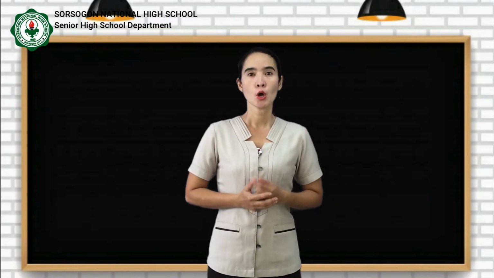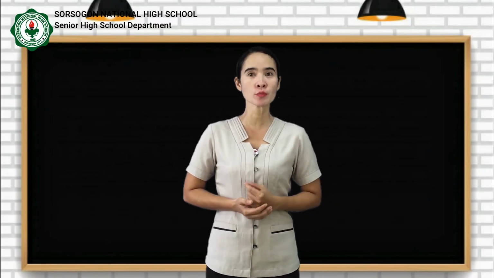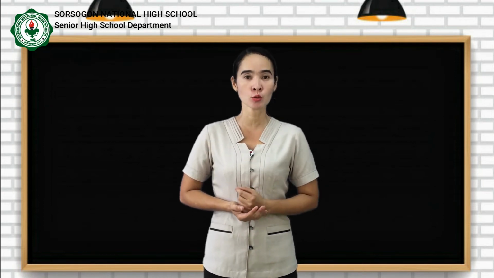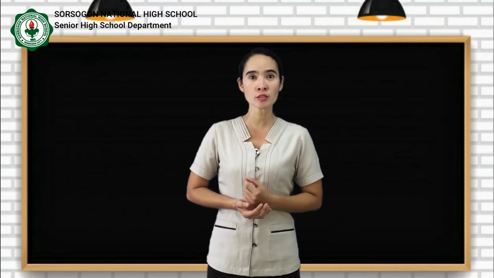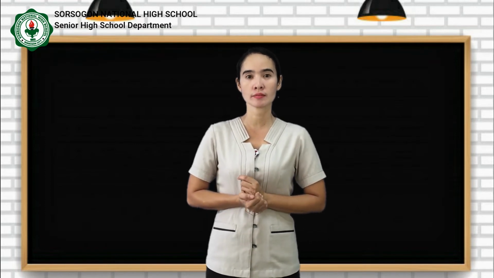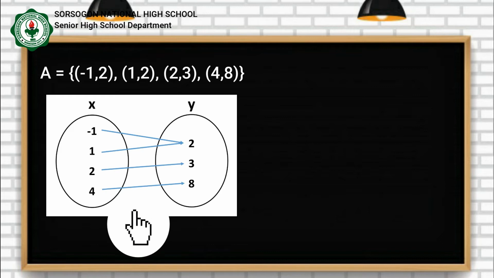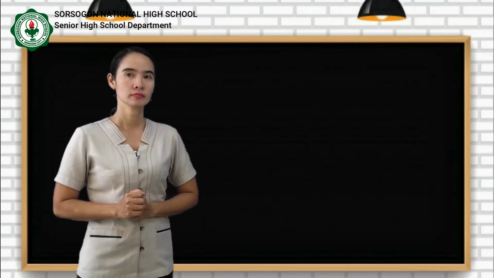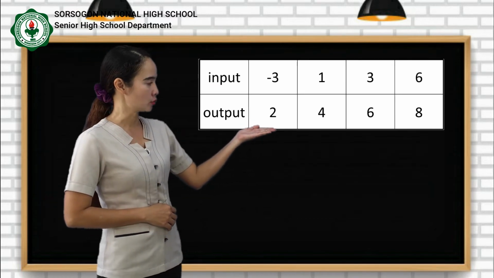To answer this, we must remember that for a relation to be considered as a function, each input must be exactly paired to only one output, or x coordinate should never appear more than once in a given set. For that matter, set A is a function because each input is exactly paired to only one output, while set B is not a function because two ordered pairs have the same input that is paired to different output.